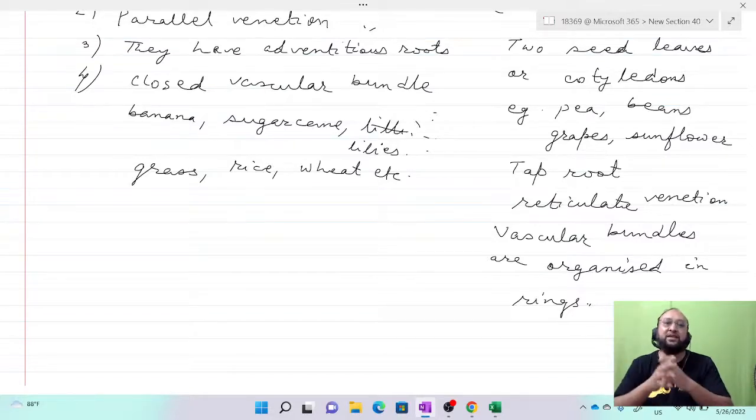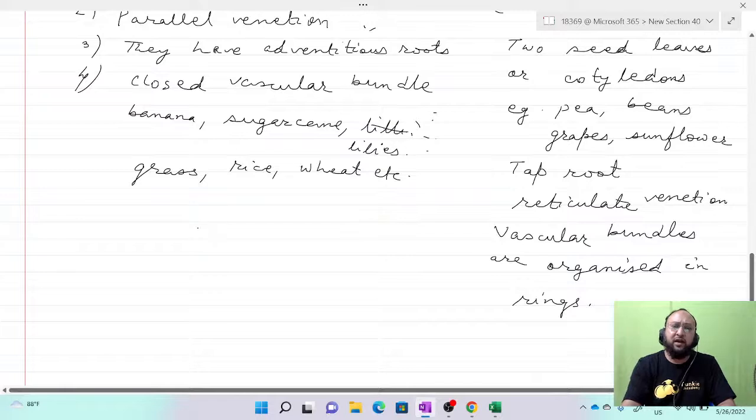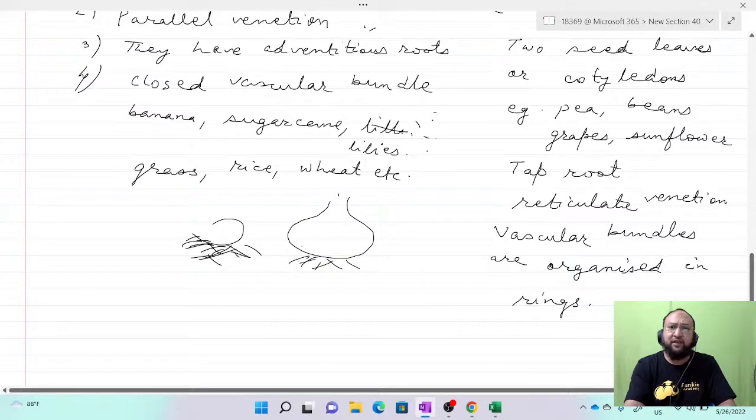Okay, and in case of monocotyledonous plants, the root is adventitious. For example, if you look at the onion at the base, you'll find the roots are like this. Okay, this is called adventitious root. So if this is the onion and this is the structure, you'll find this is forming the adventitious root.